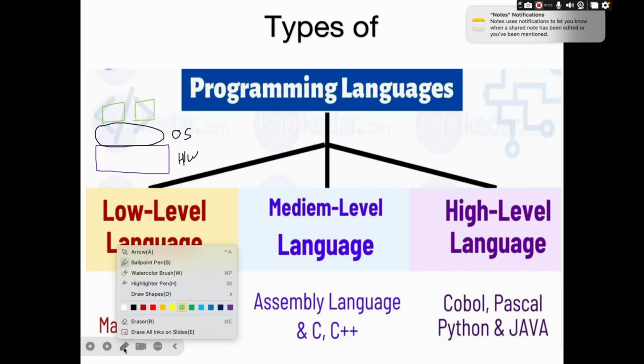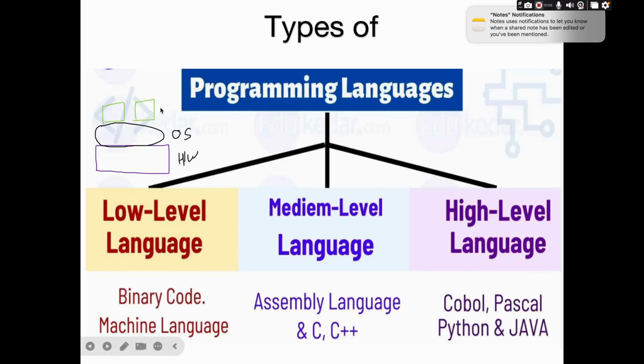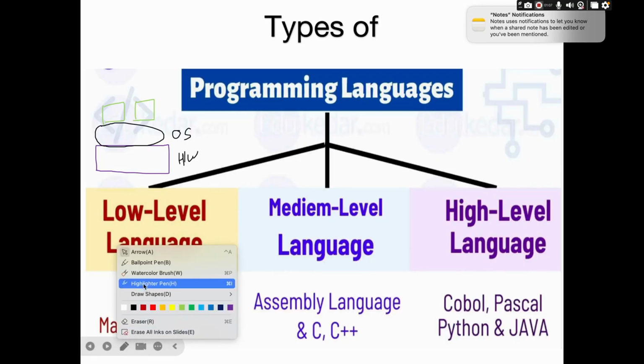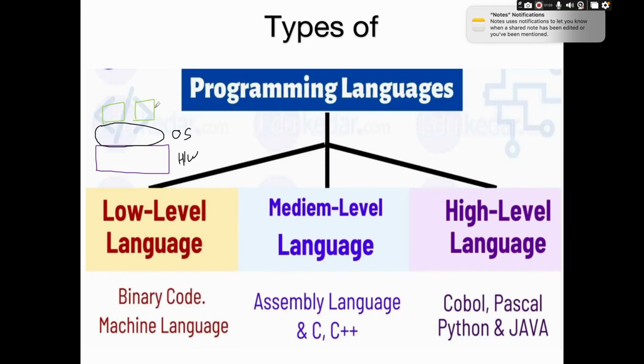If we write a program, which is high-level programming, it needs to be converted to low-level programs, from here to here, to be understood by the hardware. This way we can categorize programming languages. High-level programming languages we can talk about are COBOL, Pascal, Python and Java, which are used for application software.